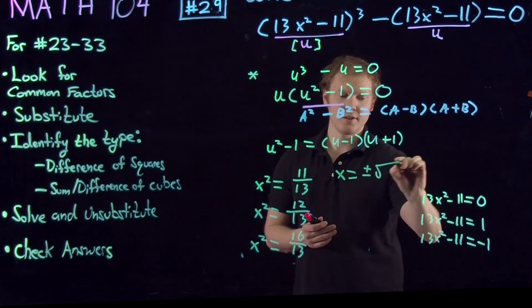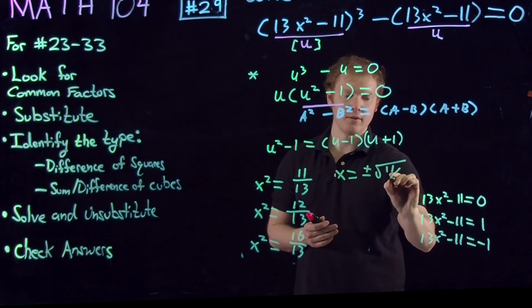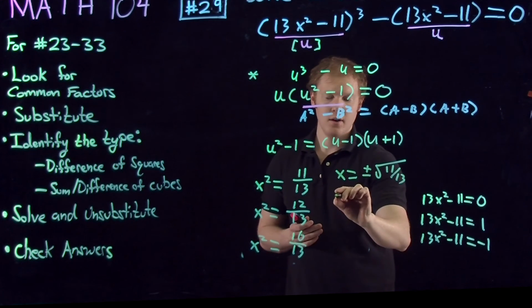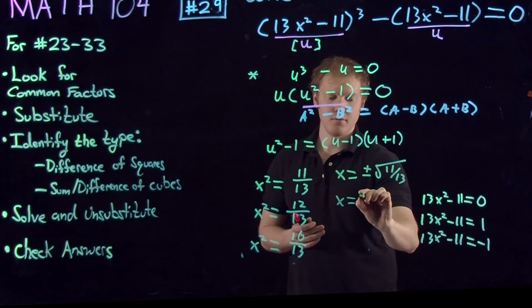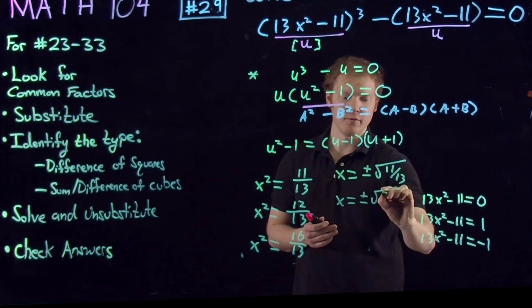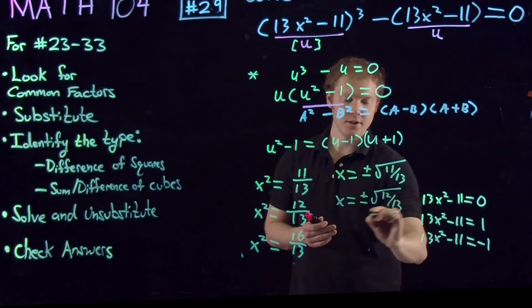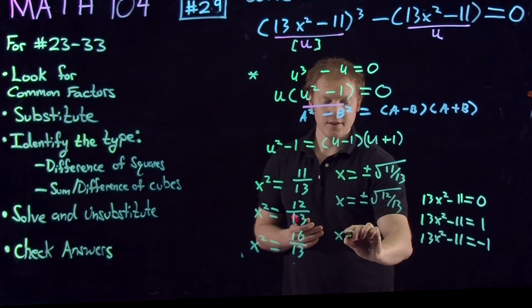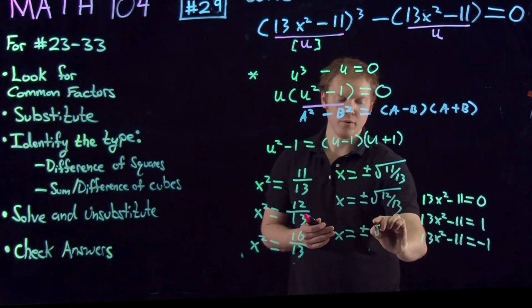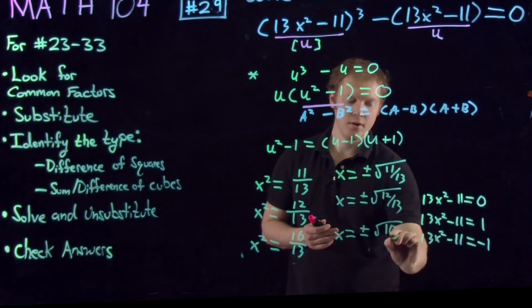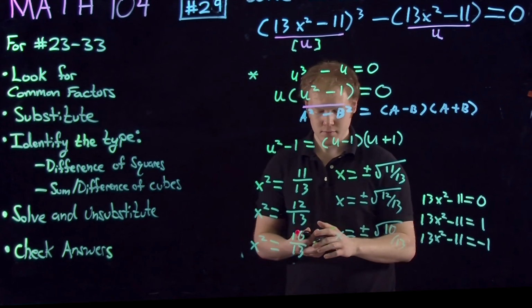We have x equals plus or minus the square root of 11 over 13, x equals plus or minus the square root of 12 over 13, as well as plus or minus the square root of 10 over 13.